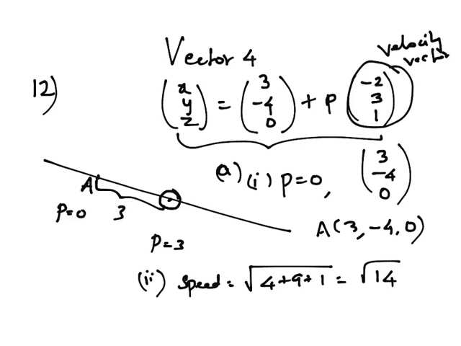I think distance is in meters and the time is in seconds, so it is meter per second. The speed is square root of 14 meters per second. That's done.